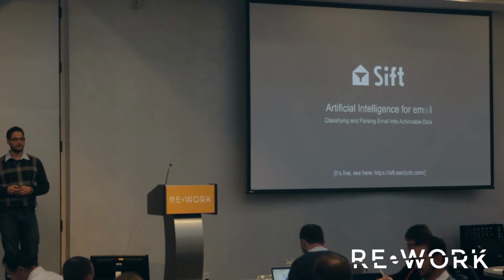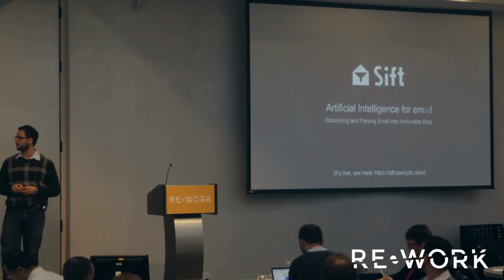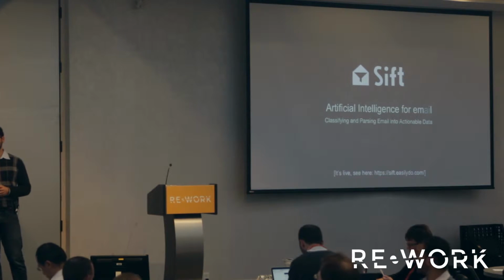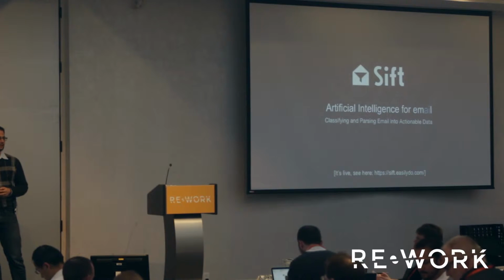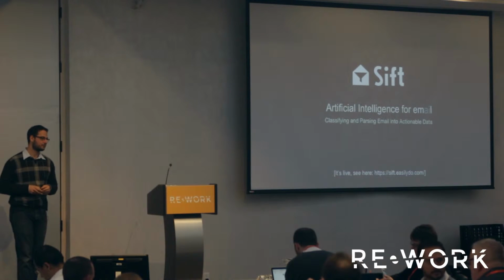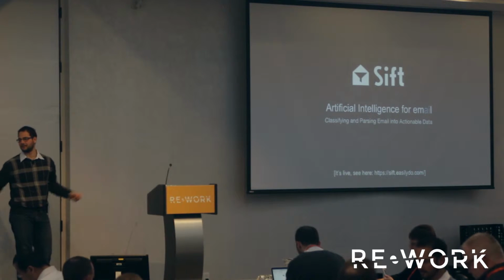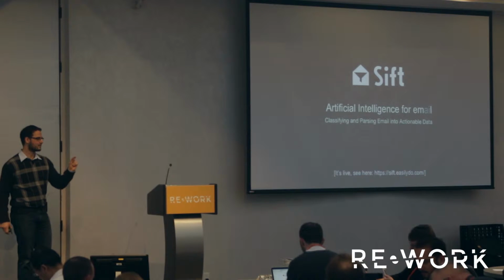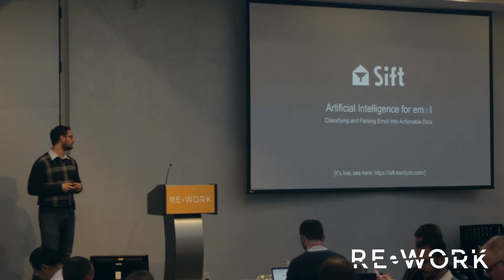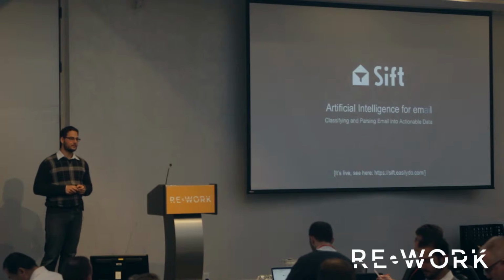So I work for a company called Easilydo, and we've built this platform called Sift. Sift is an AI engine that's built on top of email. Now, the AI space is maybe this big, and the email section is maybe this small, and we're laser focused on solving that problem.